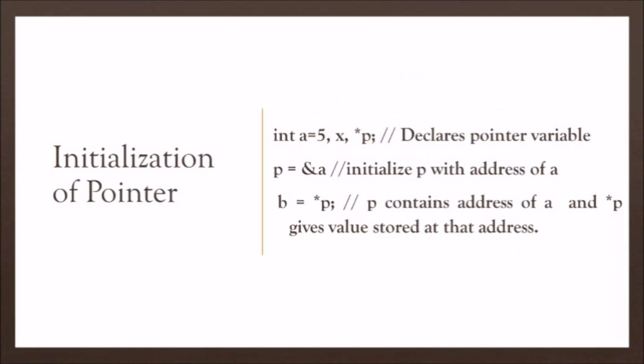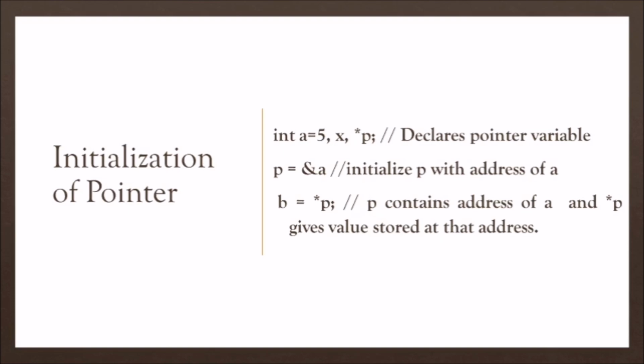Okay, and how can we initialize our pointer? p is equal to ampersand of a is the initialization of p with the address of a. And now if we write star p, then p contains the address of a and star p gives the value stored at that address.